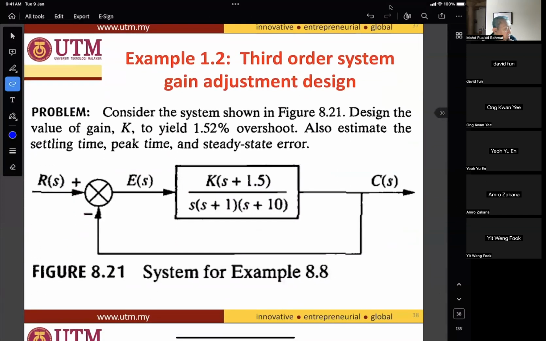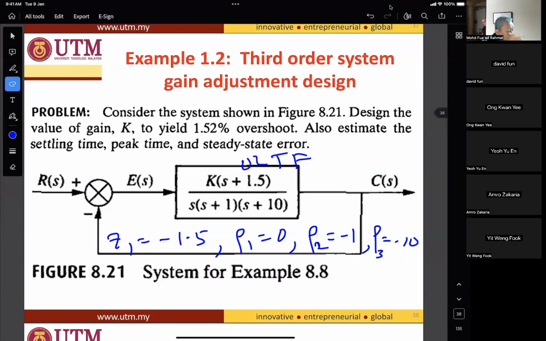So now we go to this week, where we have another problem. This is the open loop transfer function. Open loop consists of a zero at minus 1.5 and a pole at 0, a second open loop pole at minus 1 and a third pole at minus 10.